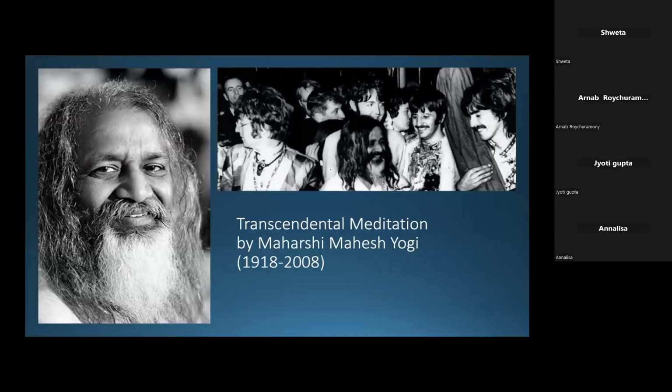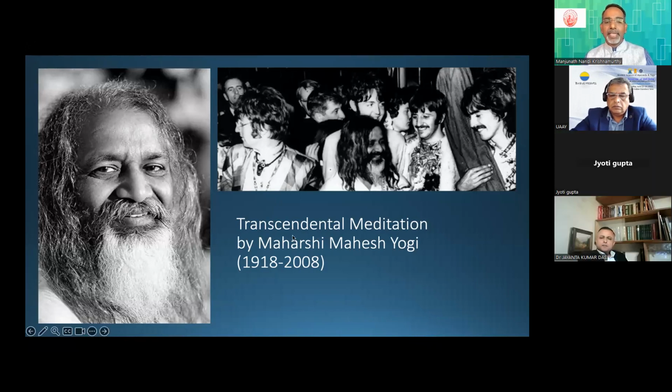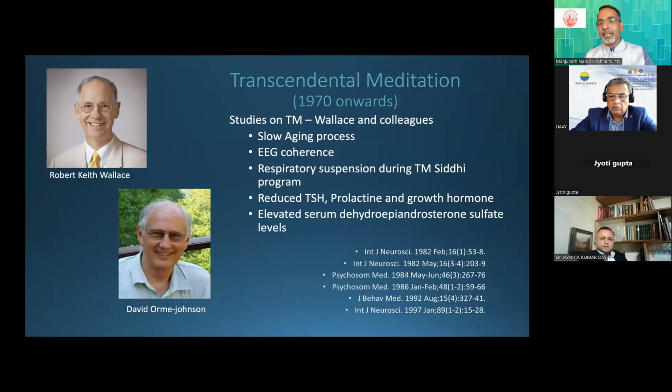While a lot of experiments were being conducted in India, a lot of meditation research also started from the West. The movement of transcendental meditation by Maharishi Mahesh Yogi, ranging from 1918 to 2008, has resulted in an excellent amount of publications coming from there.